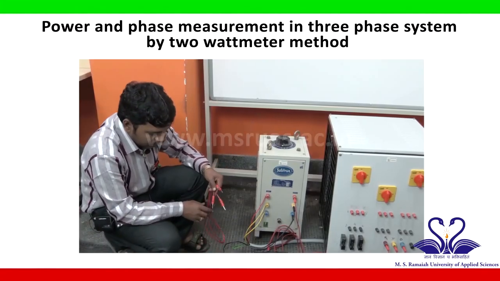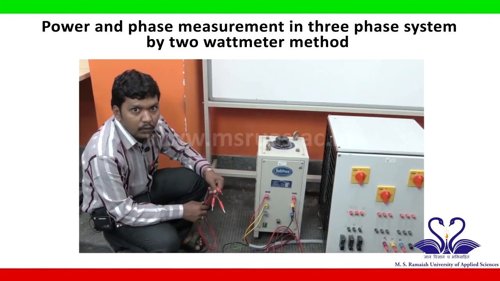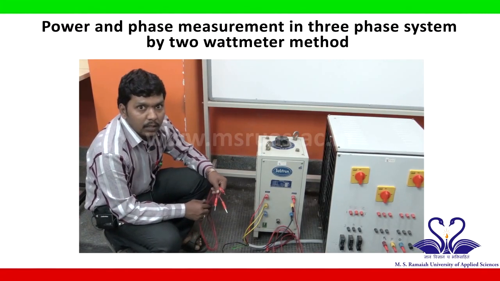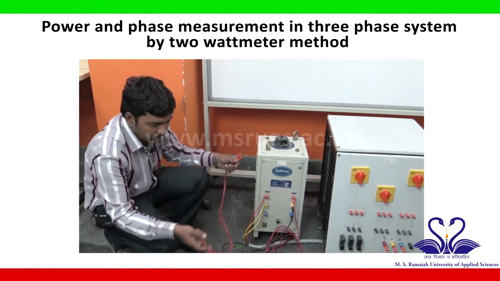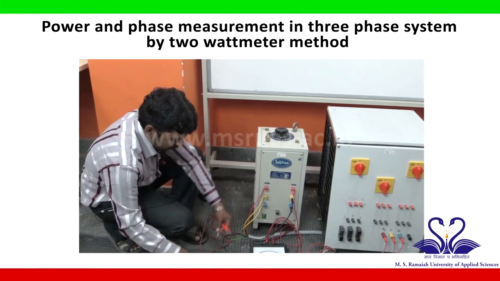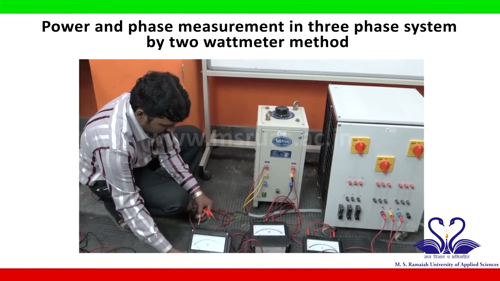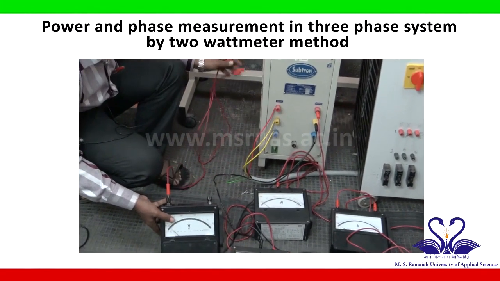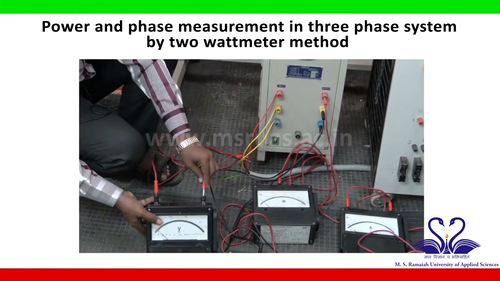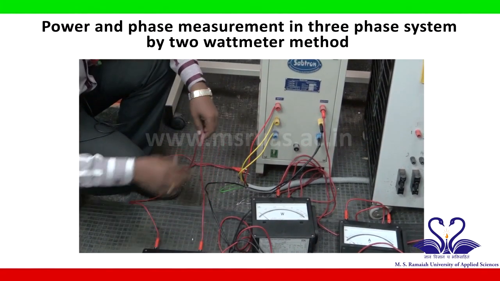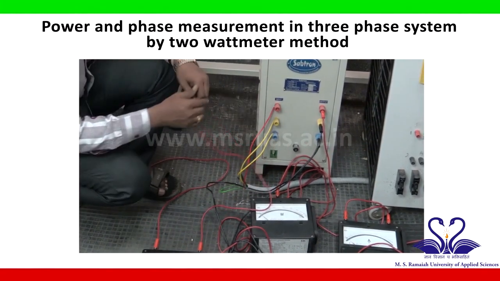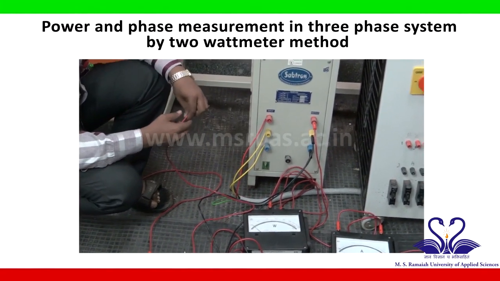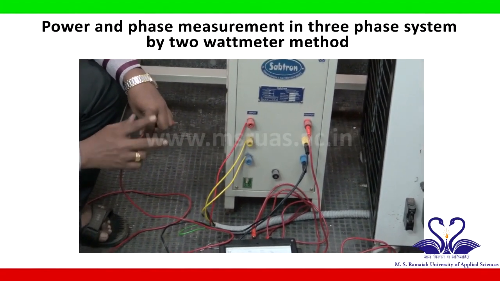Connect the 0 to 600 volts voltmeter across line terminals. Here there are the 3 line terminals, so they are R, Y, B. You can use any 2 terminals.